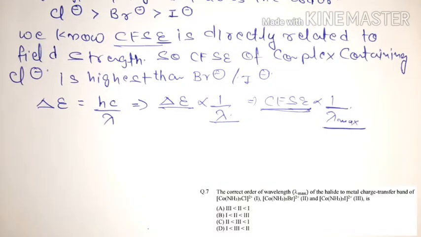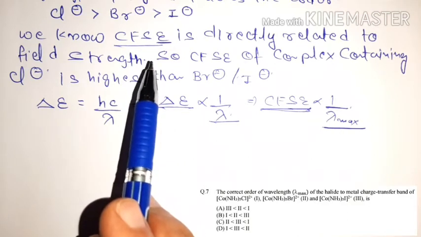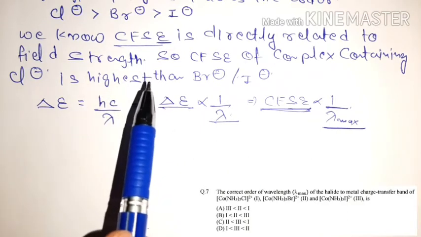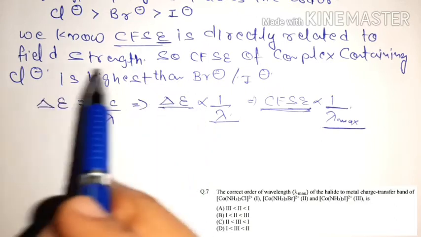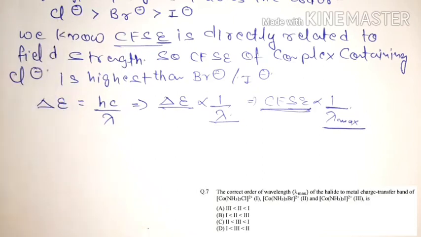Understand, friends? So we can conclude from the above relation that the value of CFSE will be higher in the Cl minus complex, so its lambda will be lowest.